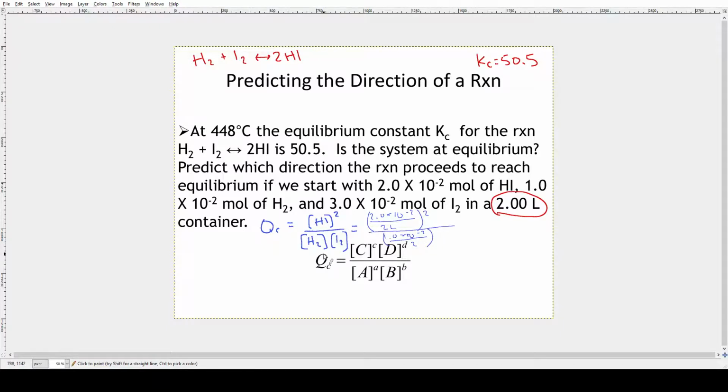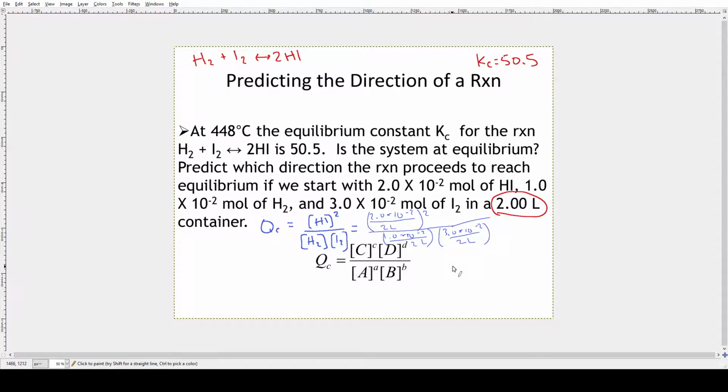Now that one is not squared or anything. And then finally my iodine, which is 3 times 10 to the negative 2. Also over 2. I'm doing this because I am creating concentrations out of what they've given me. This is all moles over liters, moles over liters, moles over liters.